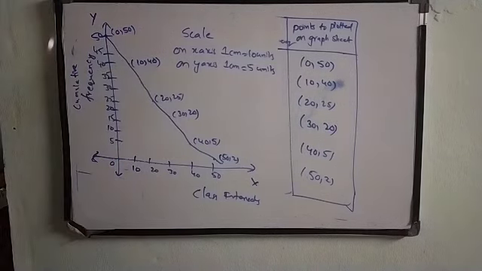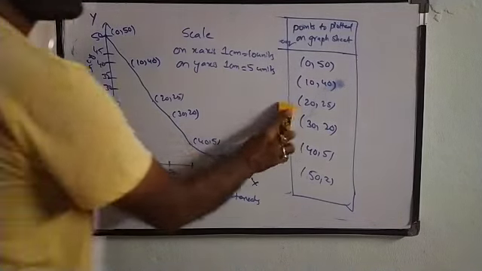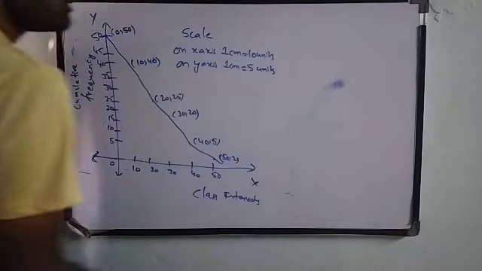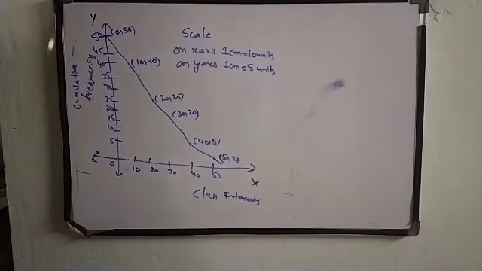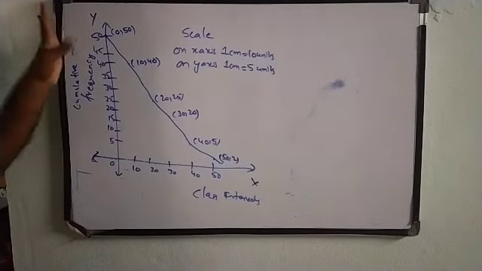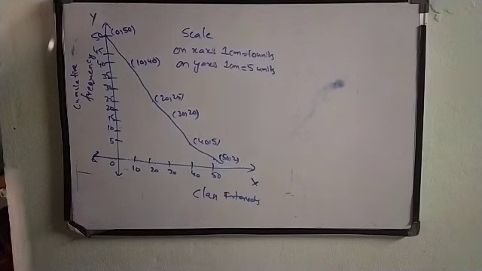So these are the two graphs, the more than ogive curve and the less than ogive curve, which we need to be very careful with. He may be asking us to find the median either from the more than ogive curve or from the less than ogive curve.